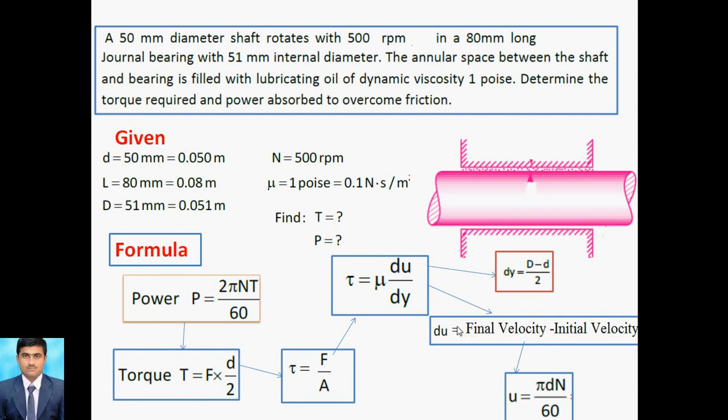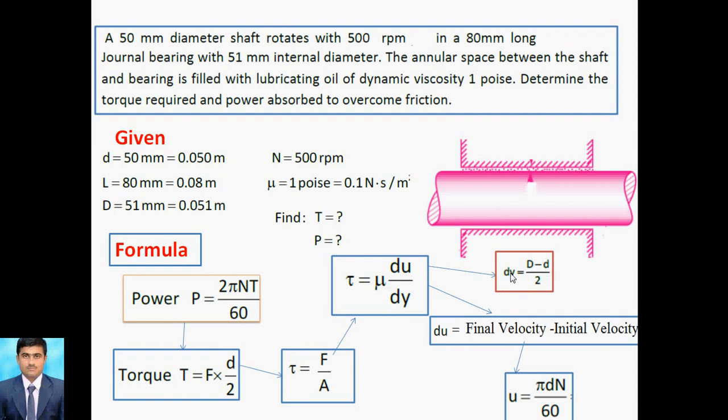So first we calculate du, then put in the value of dy. For that I have to calculate capital D, the maximum diameter of the journal bearing, and small d, the shaft diameter. So dy is equal to capital D minus small d divided by 2.